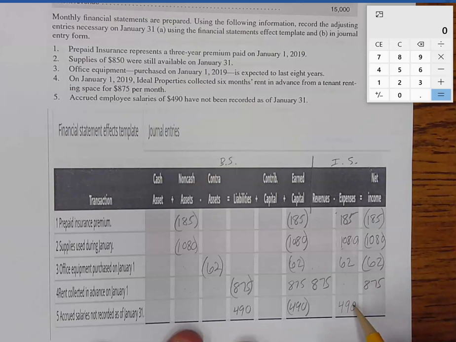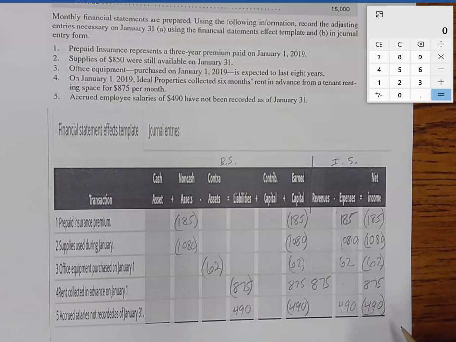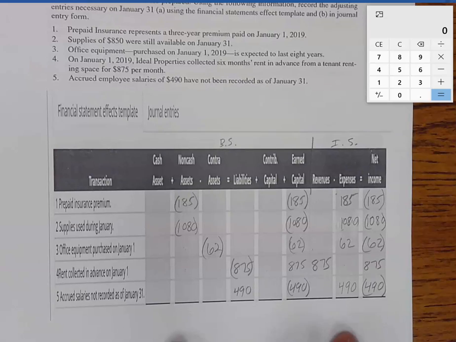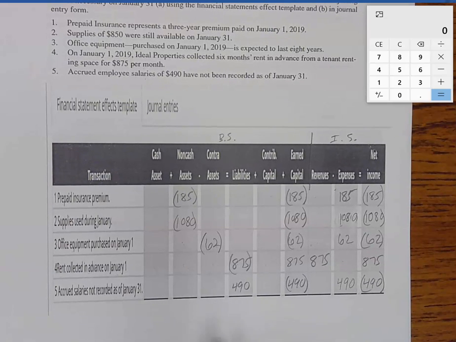Well, if an expense goes up, then net income goes down. Okay, so in this particular exercise, we don't have to total everything. Now, if we did, this would be a very useful tool for understanding impacts on equity. In this case, we kind of have to take it on a transaction by transaction basis. But anyway, that's the financial statement effects template for adjusting entries, and then we'll have another video for the actual journal entries.